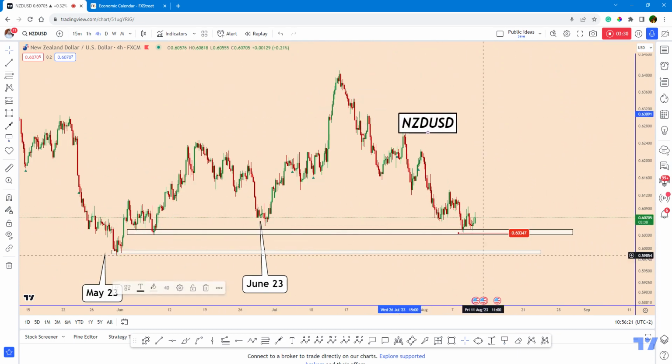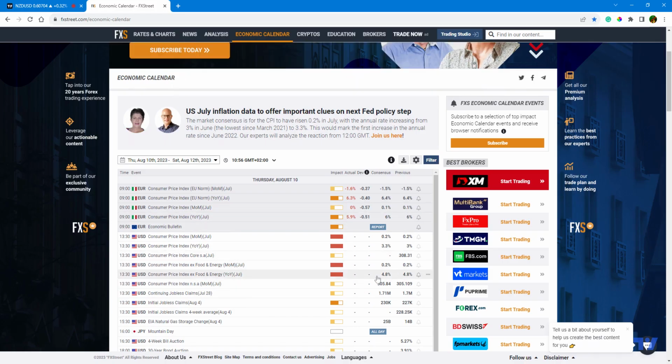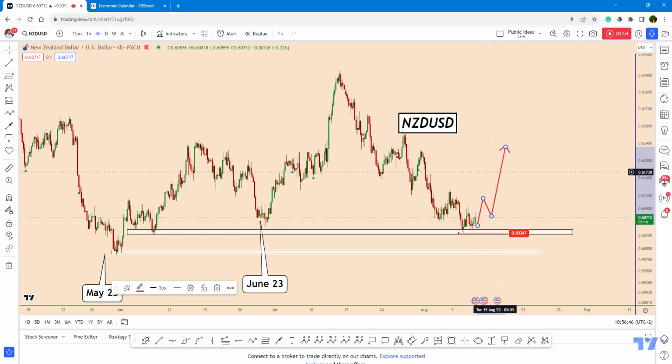So the chances are very high that if we have the data as the market is expecting here, the consumer price index, it may create a negative impact on the US dollar, and even if they come out lower than expected, it will create a bullish move against the US dollar.